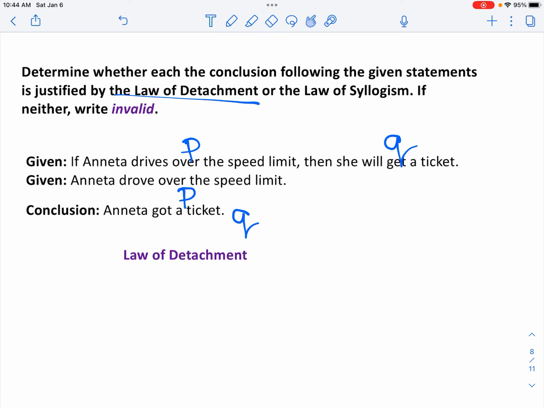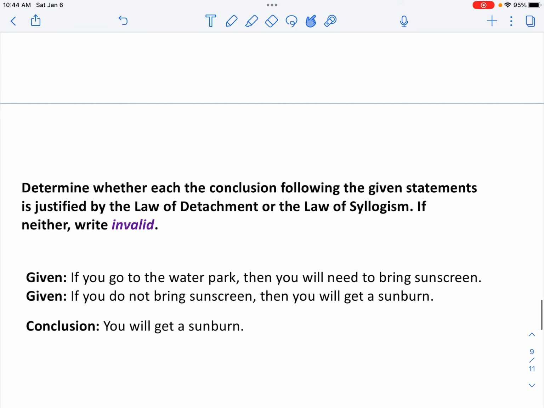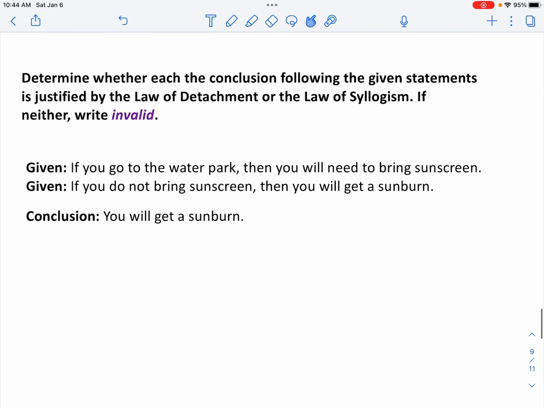Okay, cool. All right, let's try this one. If you go to the water park, P, then you will need to bring sunscreen, Q. If you do not bring sunscreen, oh, wait a minute, that doesn't match this. It's close, but it has the word not in there. It's slightly off.